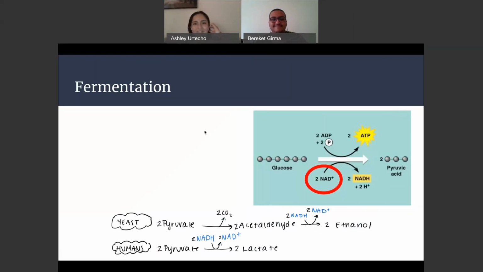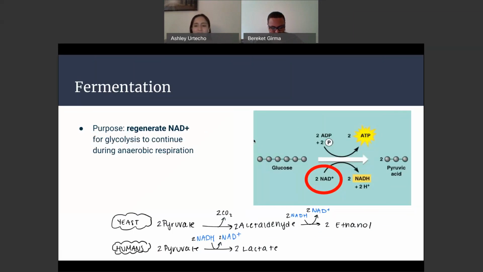Okay. So let's talk about fermentation. The primary purpose of fermentation is to regenerate NAD plus for glycolysis to continue during anaerobic respiration. So pyruvate acts as an electron acceptor in fermentation reactions in yeast and humans. Although in yeast it's actually a bit different.